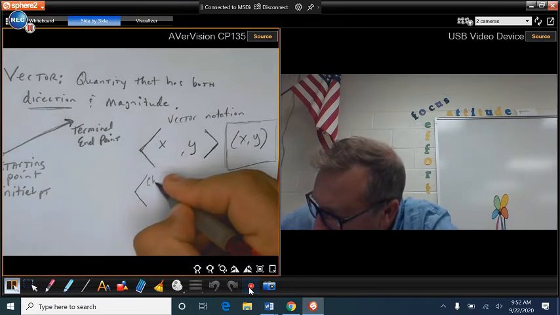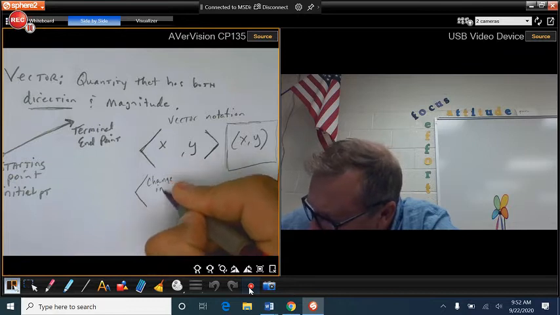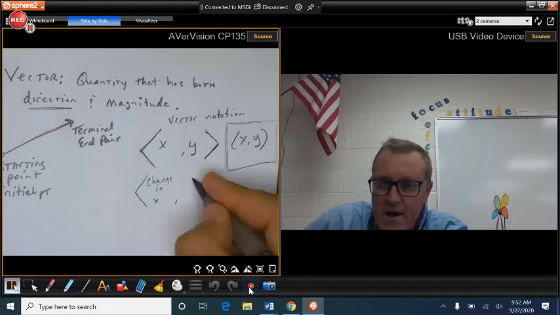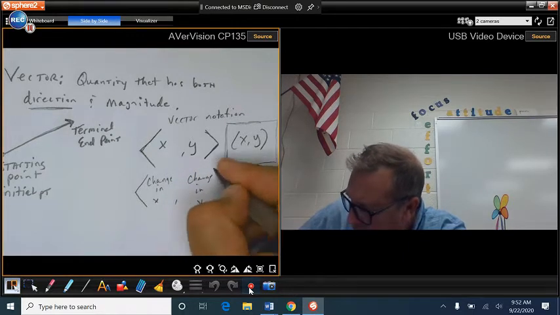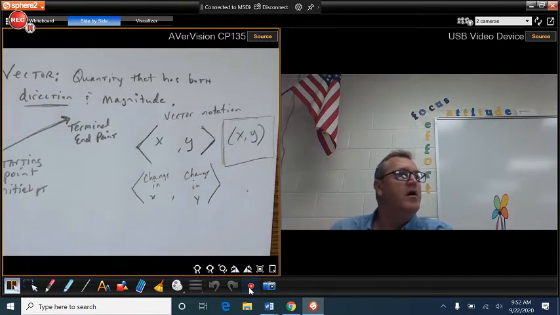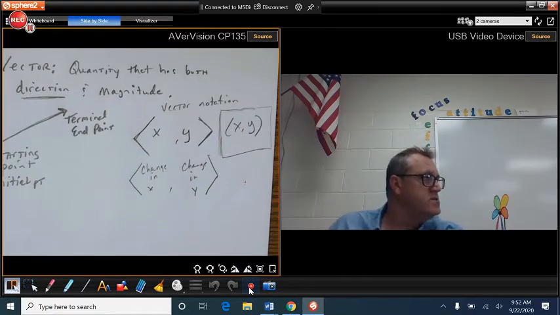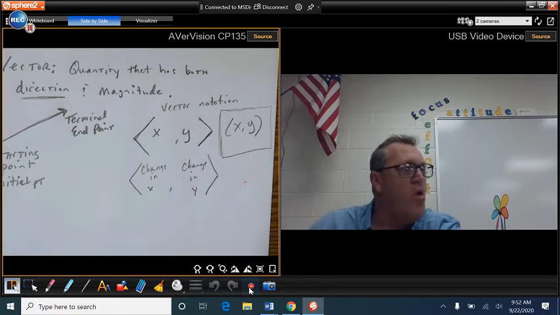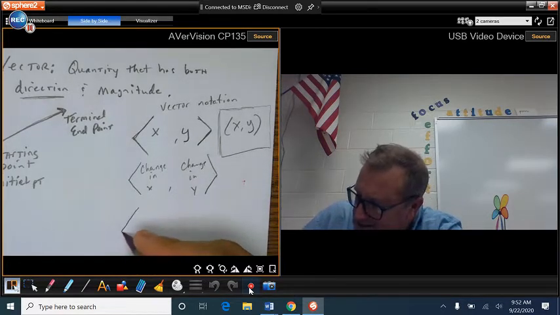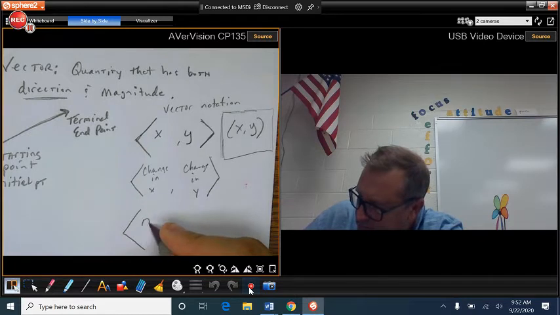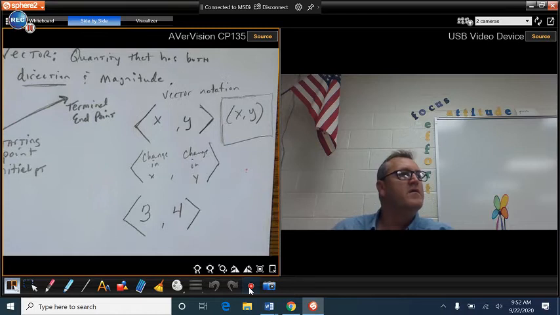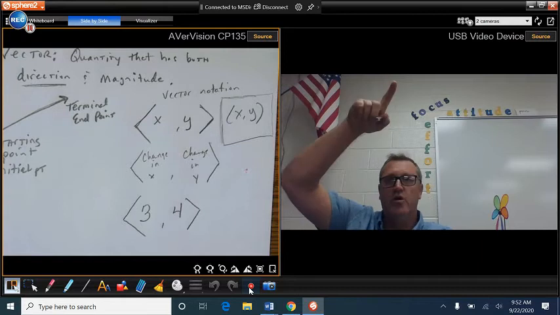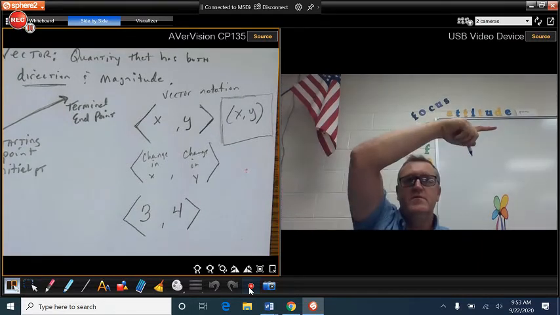It means the change in X and the change in Y. Okay? If you think of the warm-up, this should make sense. Isn't that the vector notation for the warm-up? That when you guys told me it went up 4 and over 3, right?